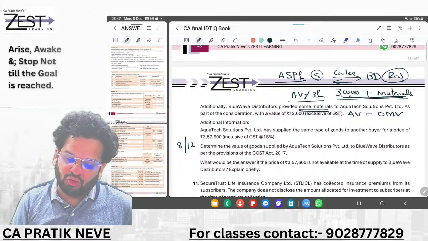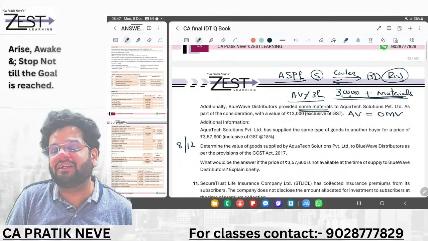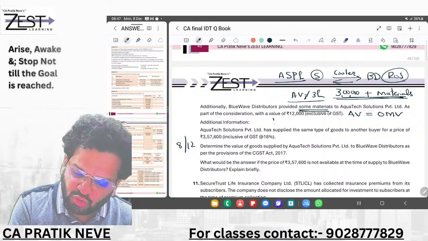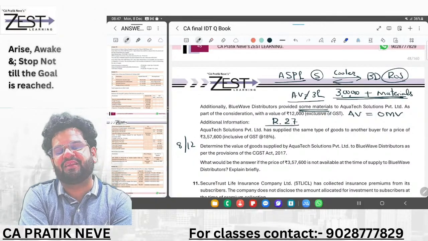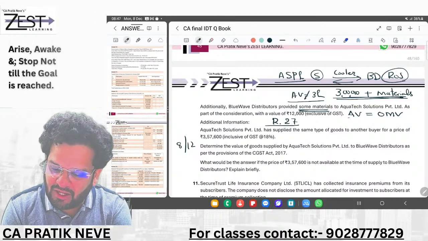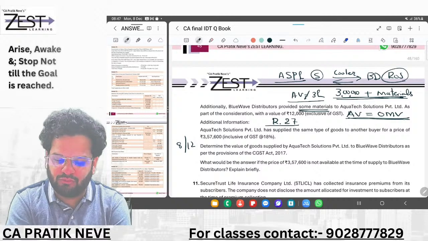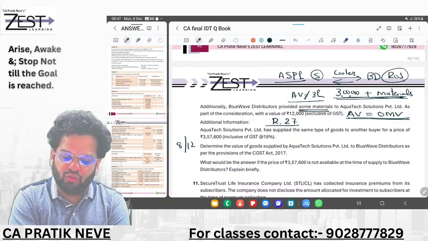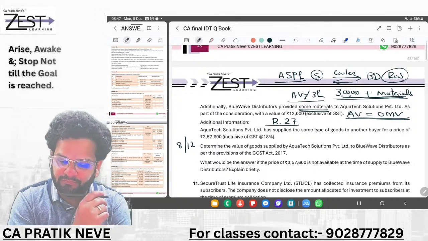Clear? So in such case, how to calculate AV? So there is rule number 27: where price is not sole consideration, then assessable value is open market value. How to calculate open market value?